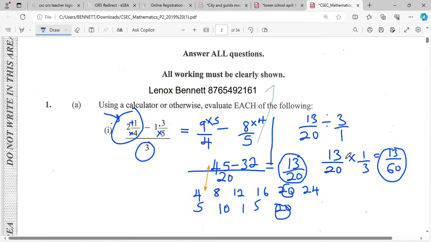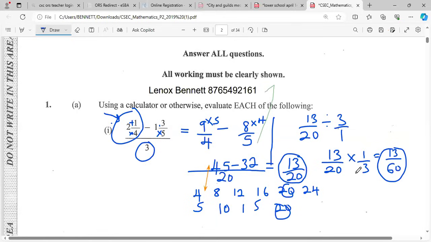When you said 9 times 5, I get the first part, 9/4, 8/5, but I don't know how to get the 45 minus the 32. And when I see you say 9 times 5, 45, 8 times 4, I realize that you cross multiply each of them. That is my weakness. I need more practice on it.